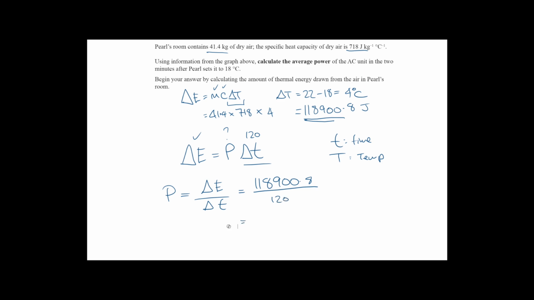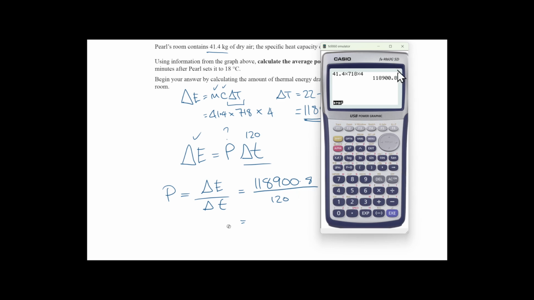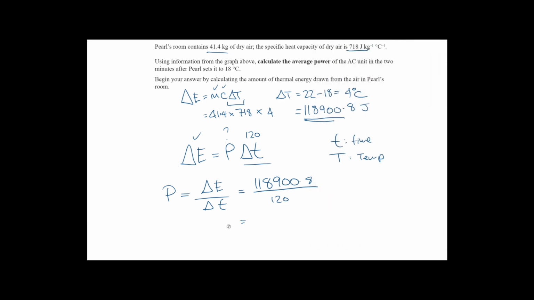So that's going to give us a number. So it's already in there. Divide that by 120. And we'll get 990.84. What? Well, exactly what? Watts. Which I guess we could come through significant figures. 991 watts. That's how much power is being used by the air conditioning unit. Quite a bit.